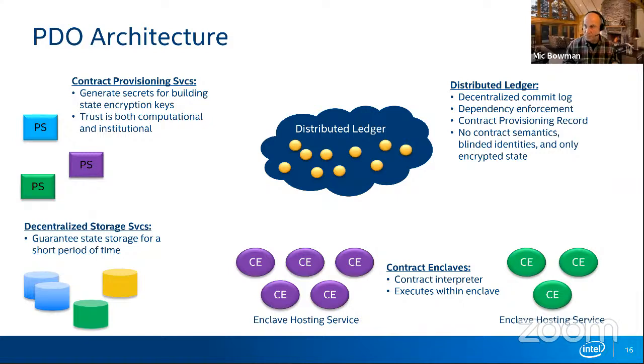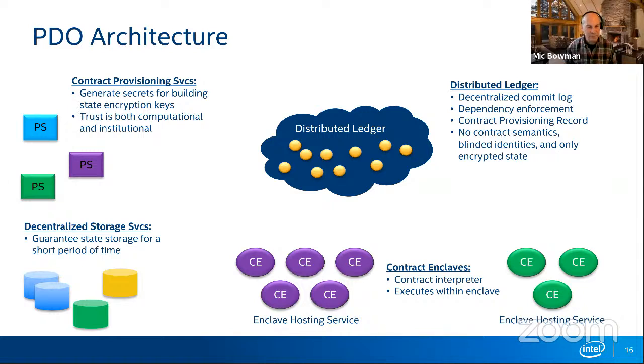All right, so architecturally, there are a bunch of different moving parts here. We have some issues with being able to basically create and provision the contract objects onto a set of these trusted execution environments. There's a decentralized storage service that allows us to actually share the current state in a way that others can pick it up.